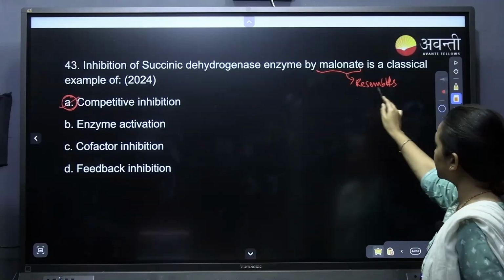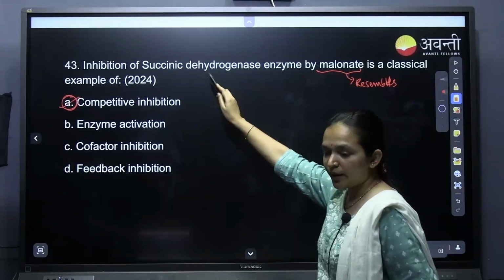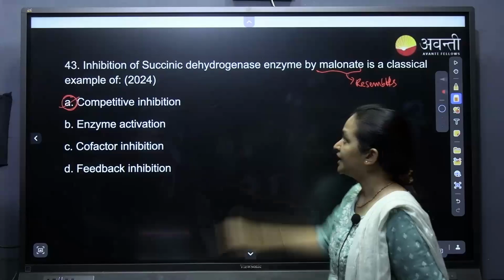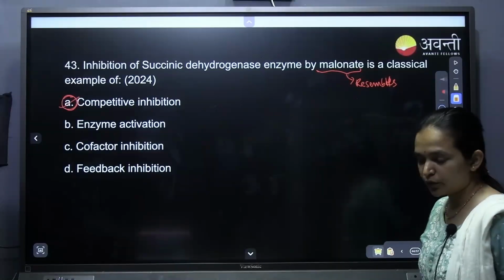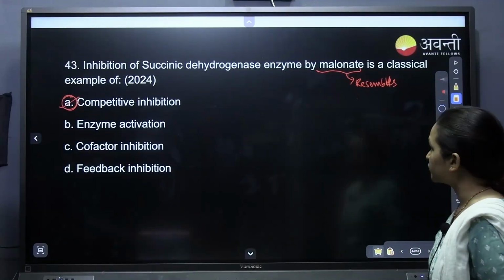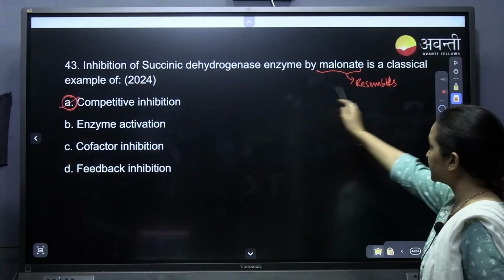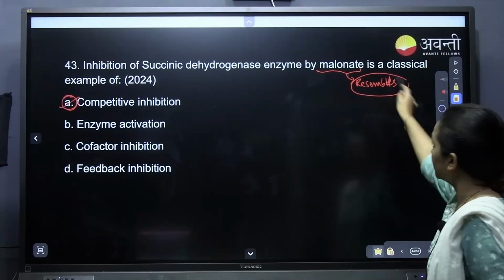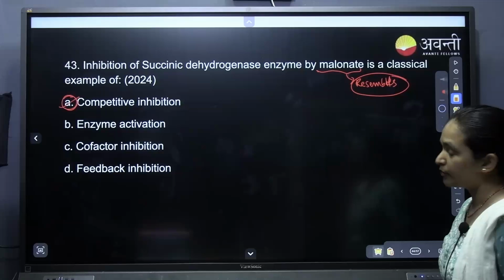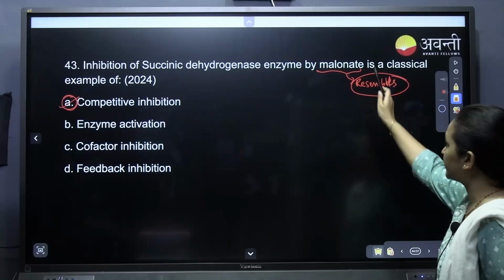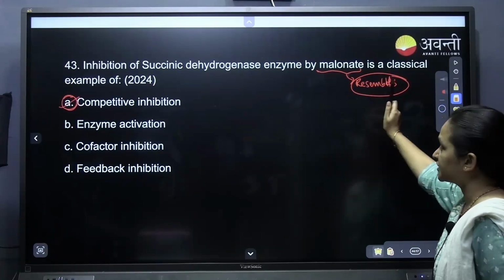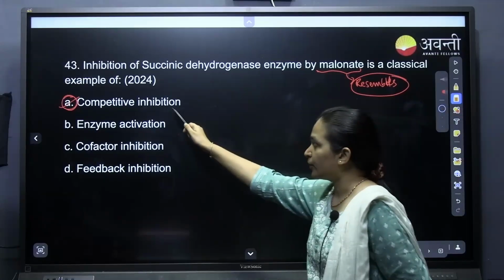That's why this malonate will go and bind with the succinate dehydrogenase. As it resembles the actual substrate, the enzyme cannot differentiate between this malonate and the original succinate. That's why it will be competitive inhibition.